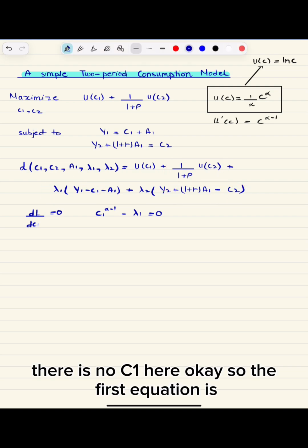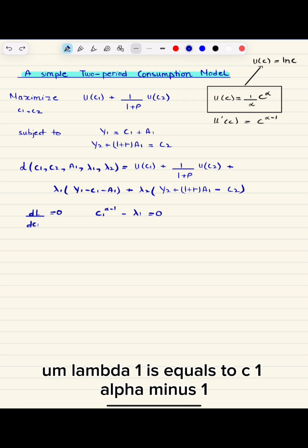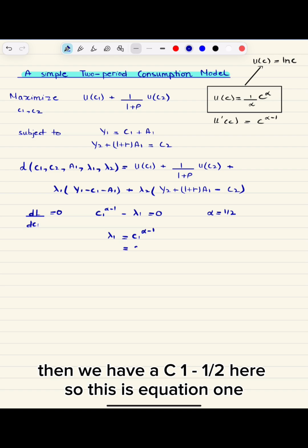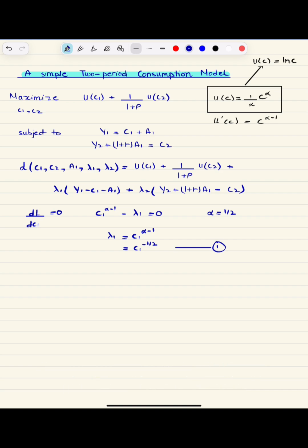Okay, so the first equation is lambda 1 equals C1 to the alpha minus 1, and suppose alpha is 0.5, then we have C1 to the minus a half here. So this is equation 1.